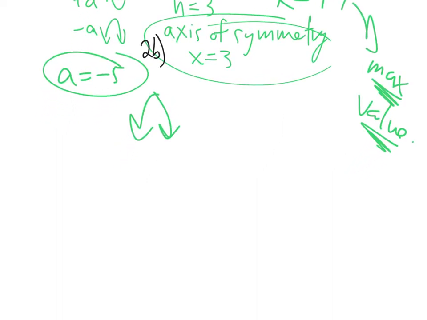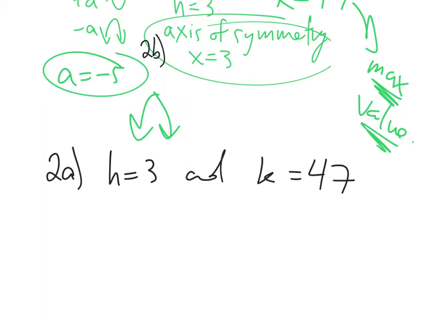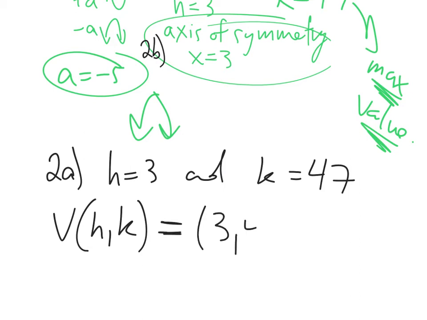And then the original question wants the vertex. So we take h, which is 3, and we take k, which is 47. And in general, our vertex is h comma k. So in this case, our vertex is 3 comma 47, period.